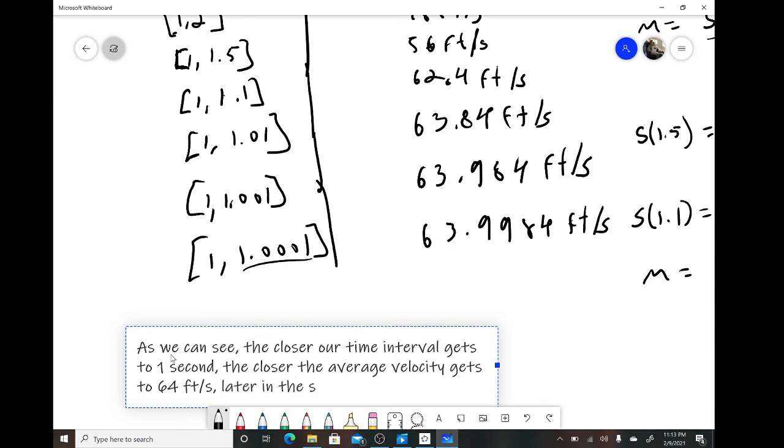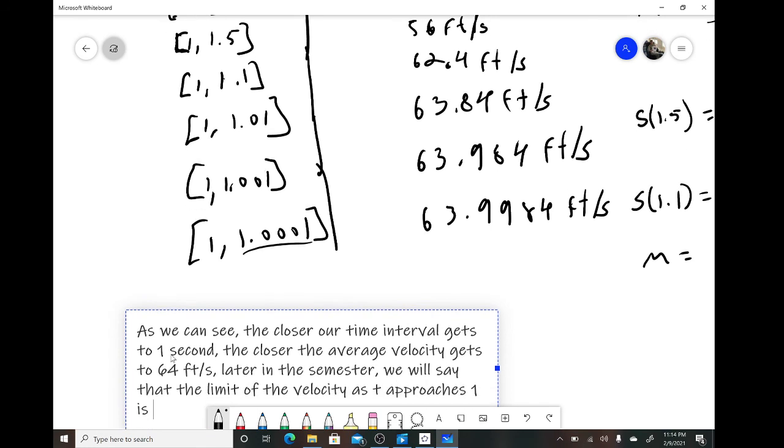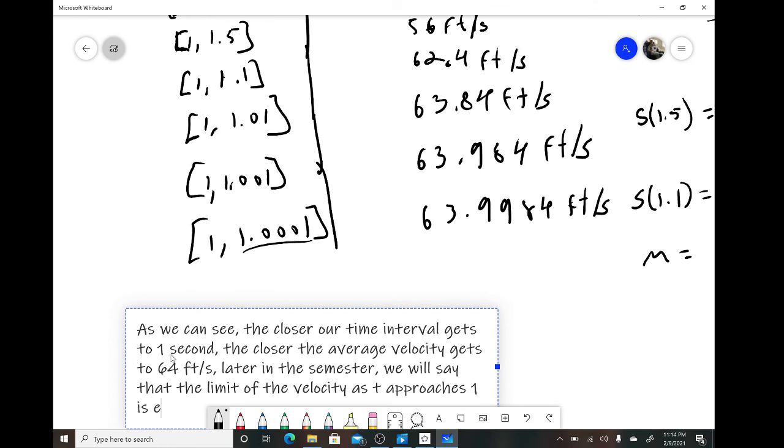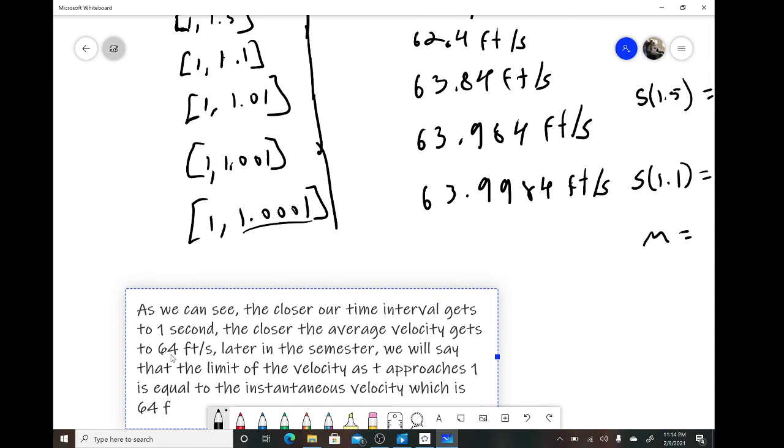Later in the semester, meaning the next video, we will say that the limit of the velocity as t approaches 1 is equal to the instantaneous velocity, which is 64 feet a second.